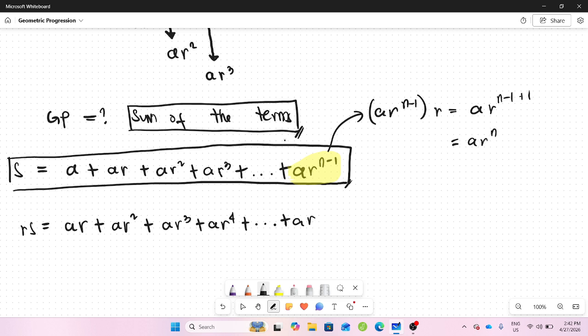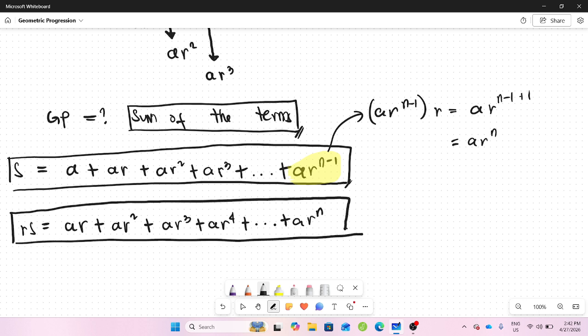So this will be our second equation. Let's say this is our equation 1 and this is our equation 2.